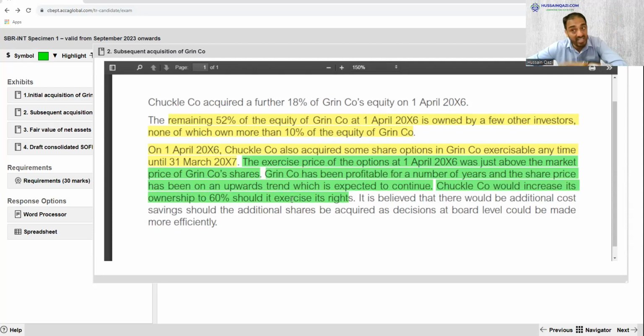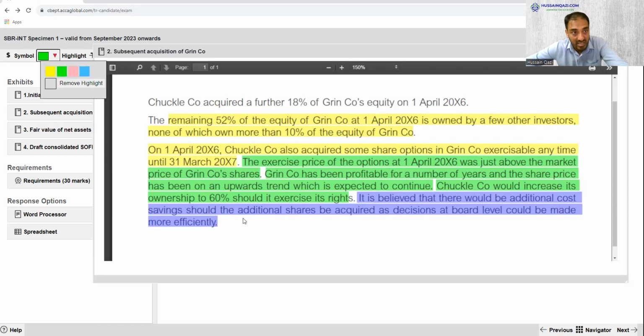So this green highlight is very important to consider regarding the control aspect in Grin company's equity. It is believed that there will be additional cost savings should the additional shares be acquired, as decisions at the board level could be made more efficiently.